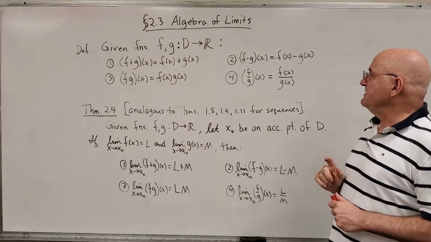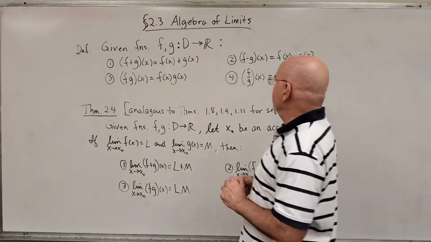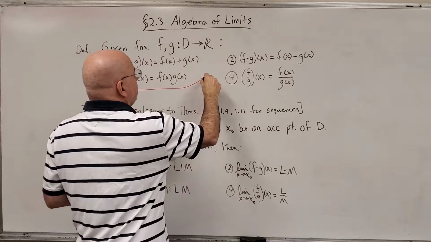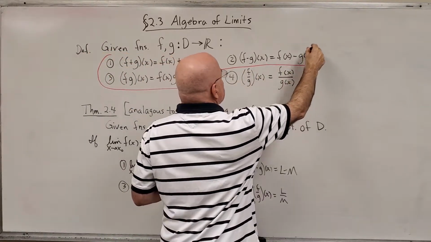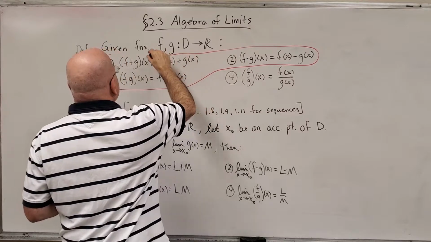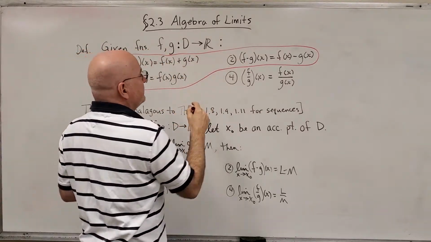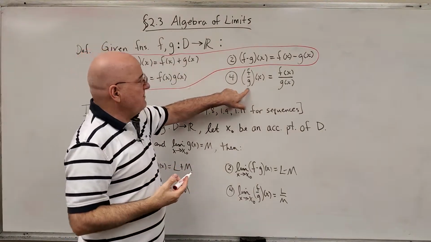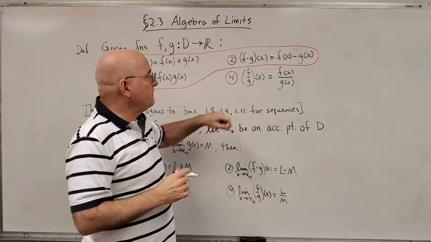Now, one thing definitely needs to be stated about this. In this definition, these three functions, the first three, have domain D, capital D. We might be restricted, though, on this one.